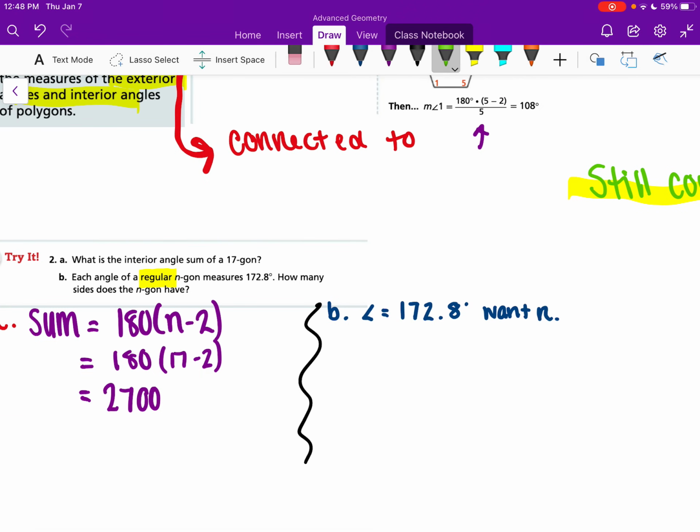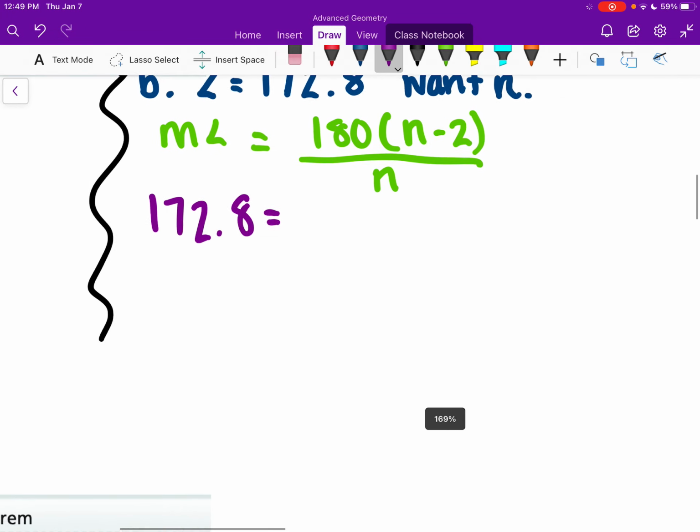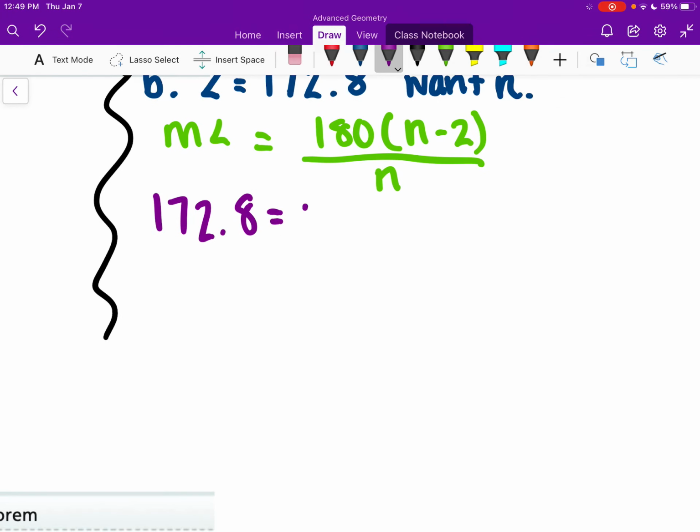So the measure of the angles equals 180 times n minus 2 over n. Now in this example, we do know that the angles all measure 172.8, so I can substitute that. But what we don't know is how many sides it has. So if I'm setting this up, it's going to be 172.8 equals 180 times n minus 2 over n.